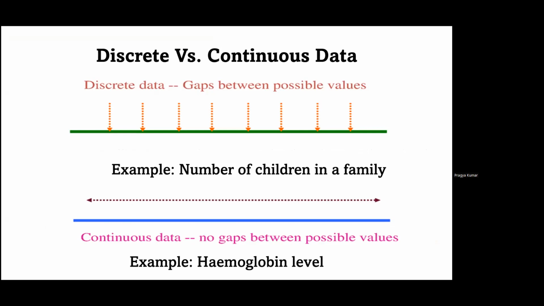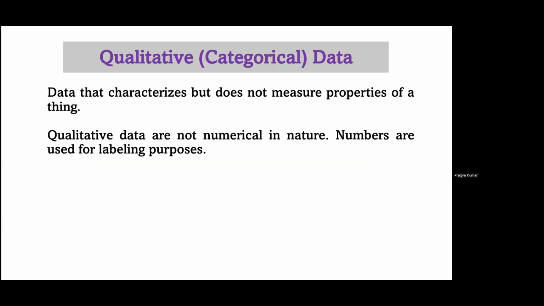So it will always be discrete. But if I have to say hemoglobin, I can say that it is 12.1. So in case of discrete data, there will be gaps in the possible values, like between 3 and 4, there will be nothing. But in case of continuous data, there won't be any gaps between the possible values.